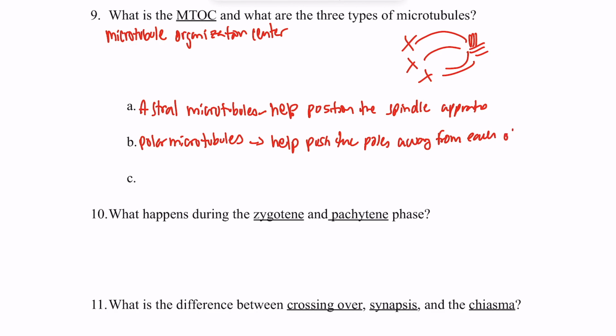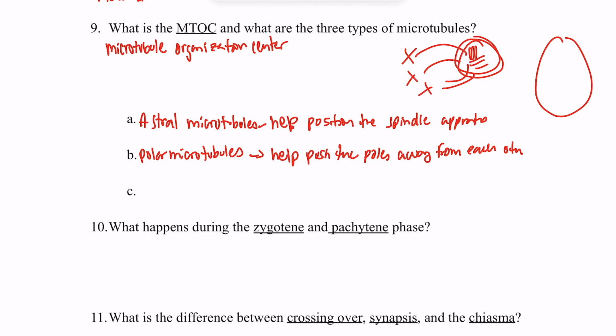Right, so whenever we're going through anaphase, or even before anaphase, we need these centrioles, right? So we have these centrioles, which the spindle apparatus grows from. We need these to be on opposite sides. So these polar guys will pull this one that way, this one this way, so that at the end we have an apparatus on this side and an apparatus on this side.